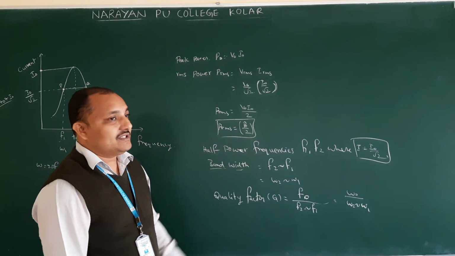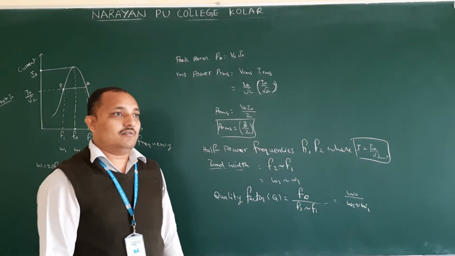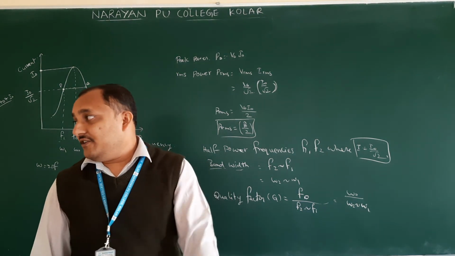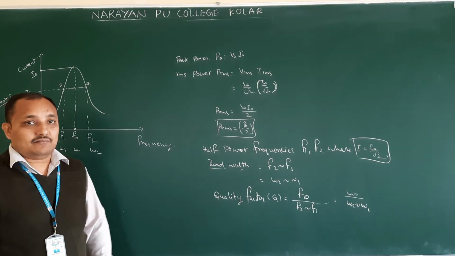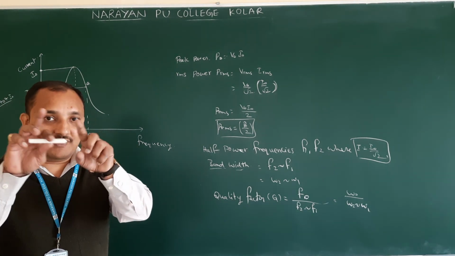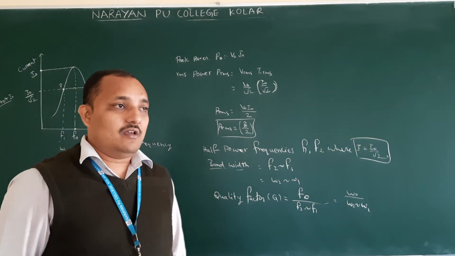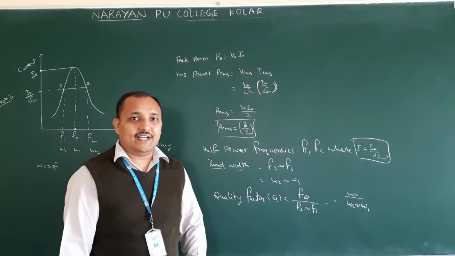Where will you use this concept of resonance? You tune the TV, or radio, FM or TV you can tune. Whenever you switch on the TV, you will get 5.5 megahertz something on the screen, right side. Whether you are seeing it or not, I don't know. Otherwise, you know FM very well.